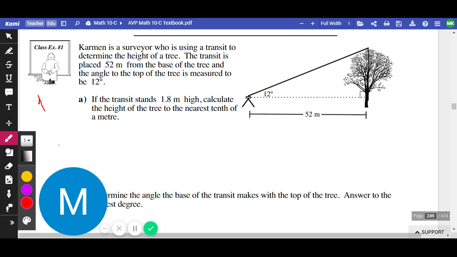They've even drawn it in for you, which is nice. Part A. If the transit stand is 1.8 meters high, which they haven't shown you, that means this thing is 1.8 meters high, like that. Calculate the height of the tree to the nearest tenth of a meter.